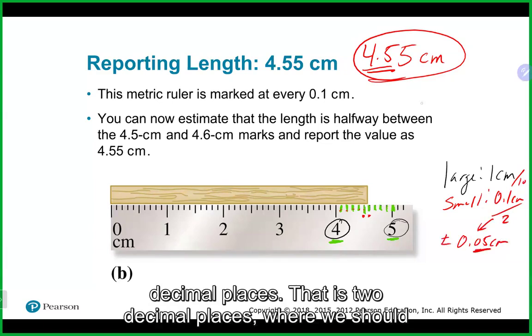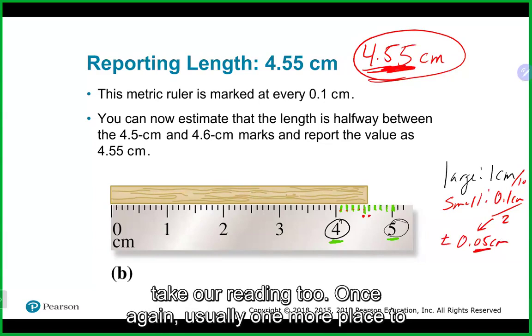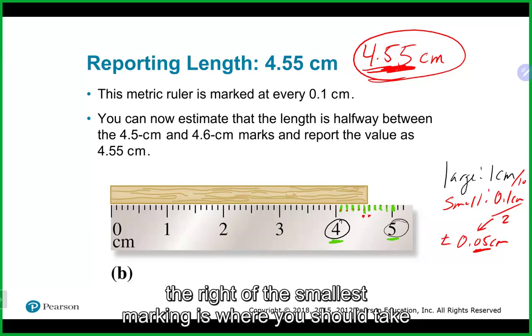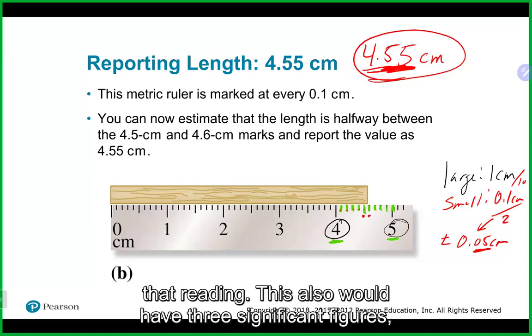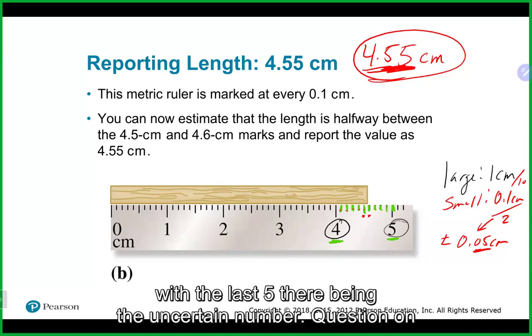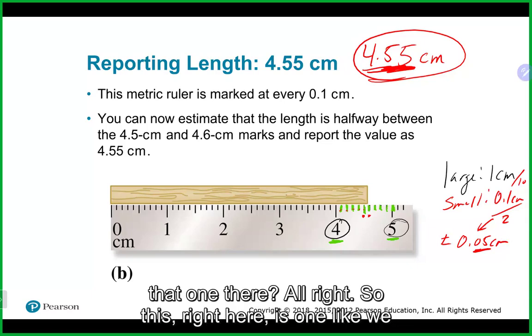That is 2 decimal places, which is where we should take our reading to. Once again, usually one more place to the right of the smallest marking is where you should take that reading. This also would have 3 significant figures, with the last 5 being the uncertain number. Any questions on that one?